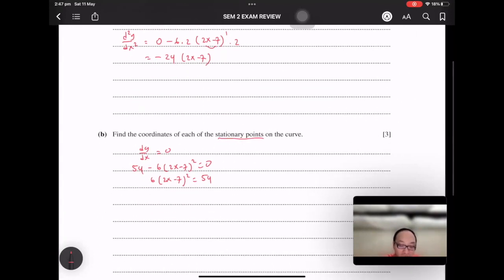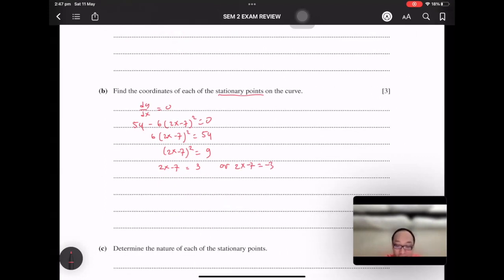I can divide by 6. So (2x minus 7) squared is 9. So 2x minus 7 is 3, or 2x minus 7 equals negative 3. So 2x equals 10, x equals 5. And 2x equals 4, x equals 2.